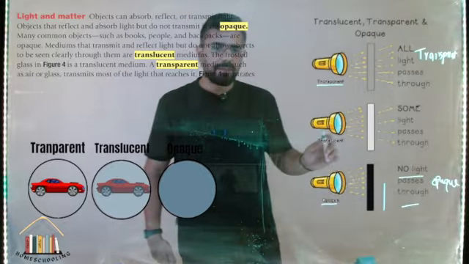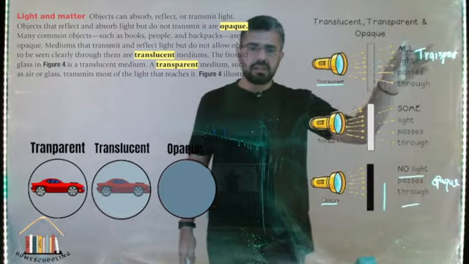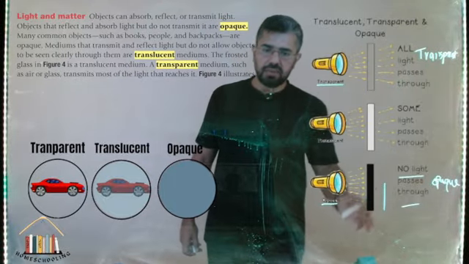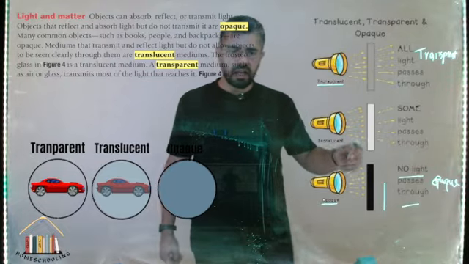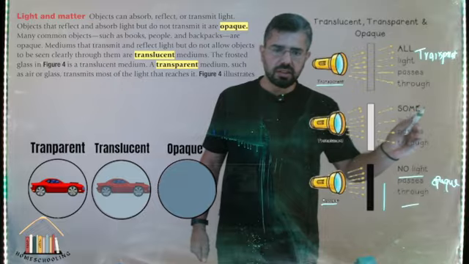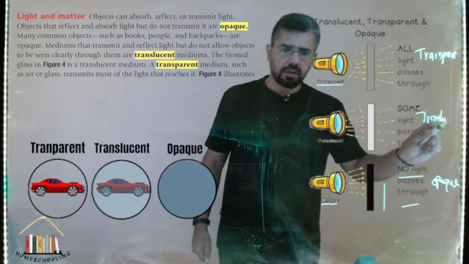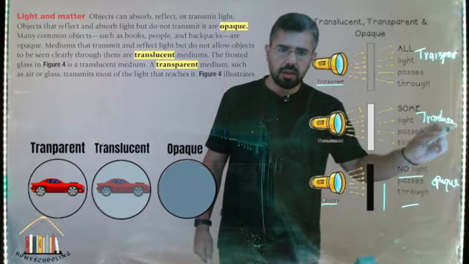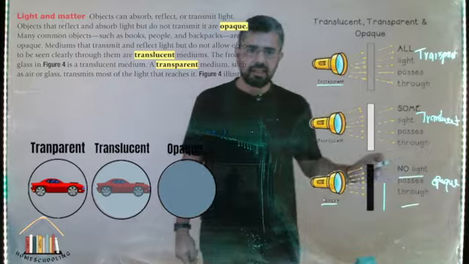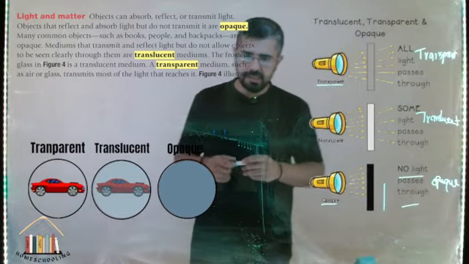What if 50% of the light is passing through? Not all the light is passing through, and not all of it is blocked. Some of the light is passing through. So this is called translucent. So this is a translucent object, as you see here with the lenses.